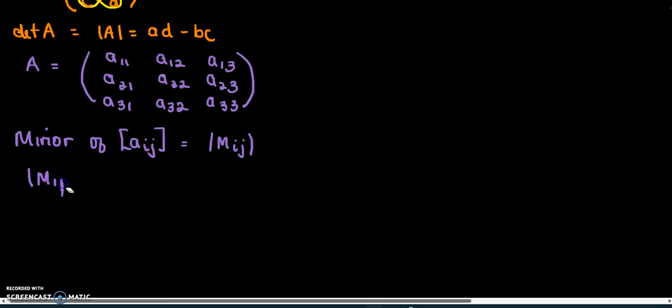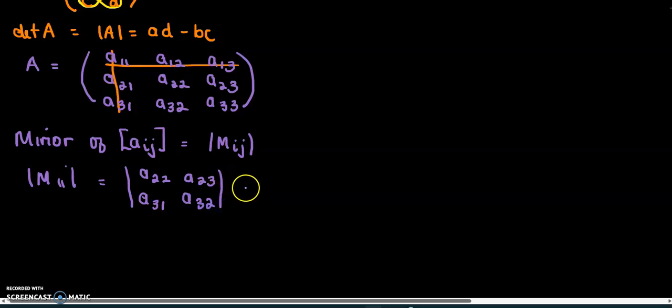Let's say M11. This is found by removing the first row and the first column. So if you cross out the first row and the first column, what do we remain with? We remain with a22, a23, a31, and a32.